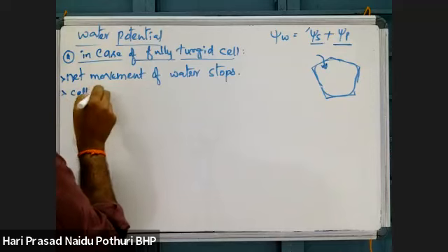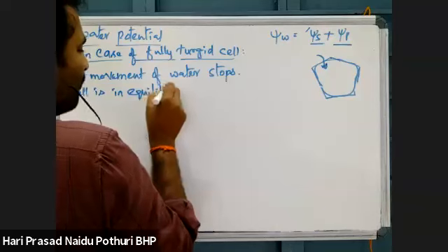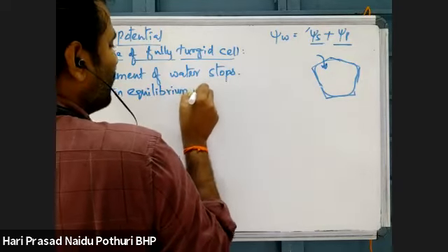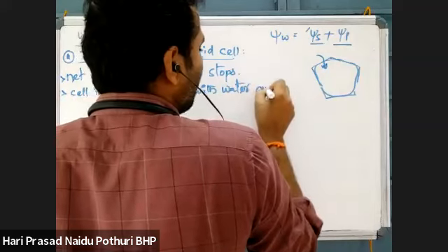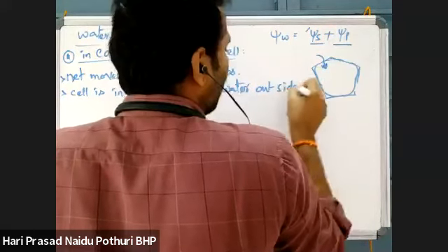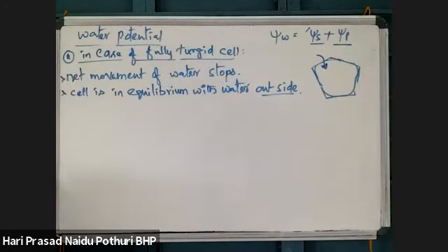So the cell is in equilibrium with water outside the cell. What is the amount of water which is present outside the cell? That maximum amount of water also entered here.